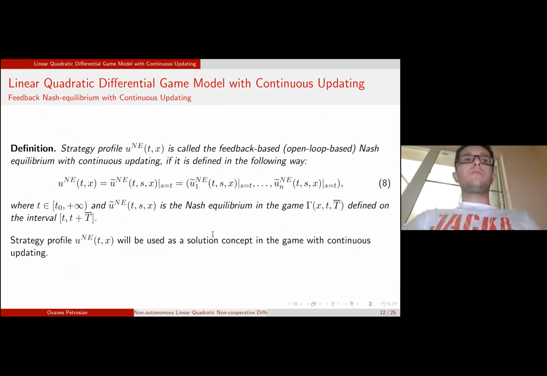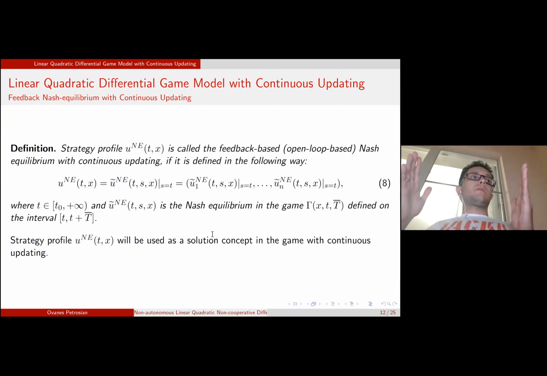Okay, so how to define the concept of a Nash equilibrium in this game? The classical definition of Nash equilibrium is not suitable for this case. Why? Because players do not have full information about the whole interval on which the game is defined at the very beginning of the game.